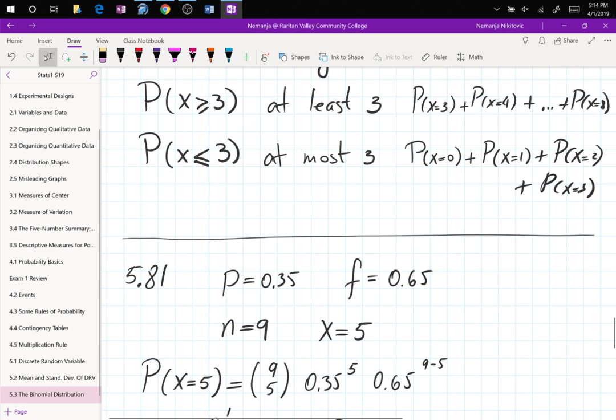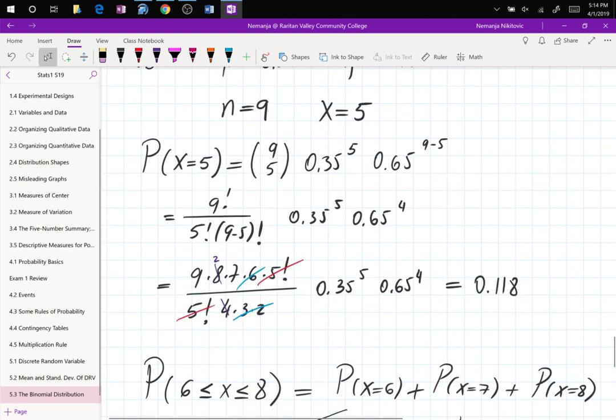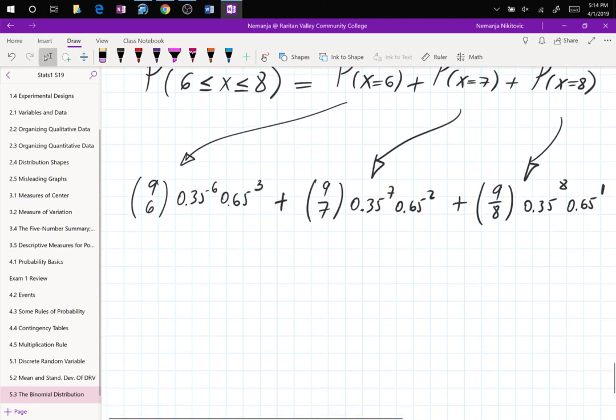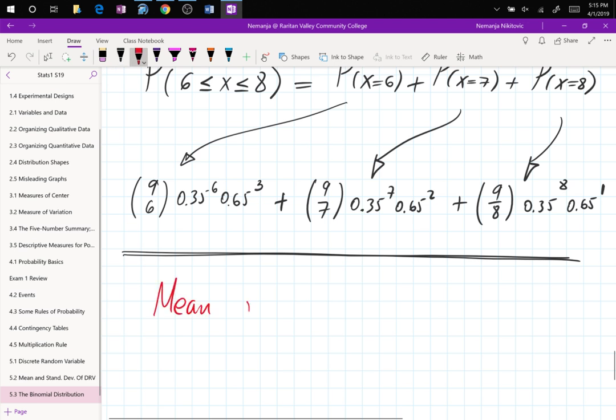At the end, we have 2 more formulas, which are very simple. Mean and standard deviation of a binomial random variable, and these are a joke.